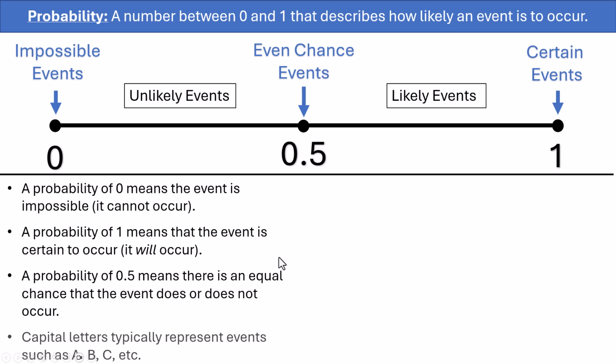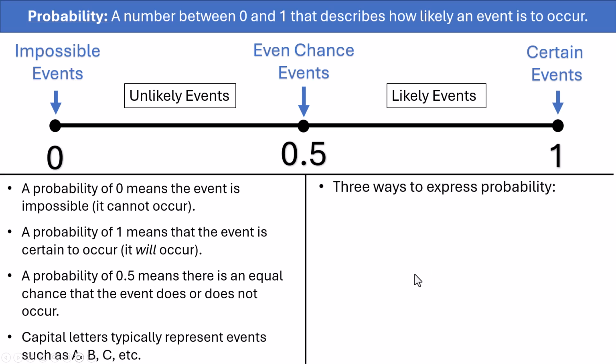Now, traditionally, capital letters are used to represent events in probability. We're usually going to be doing probability in this class as it relates to variables. So we'll typically be using X, but if you're describing events that could be described with words, you might use letters for those events. Now, there's 3 different ways that you can express a probability. One, you could express it in decimal form as a number that's between 0 and 1.